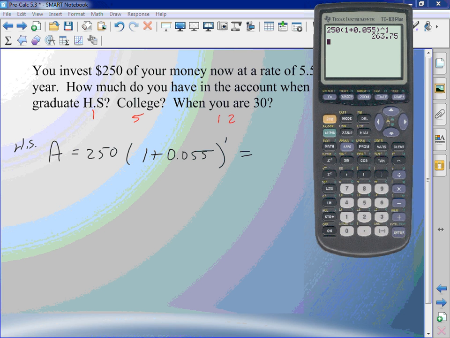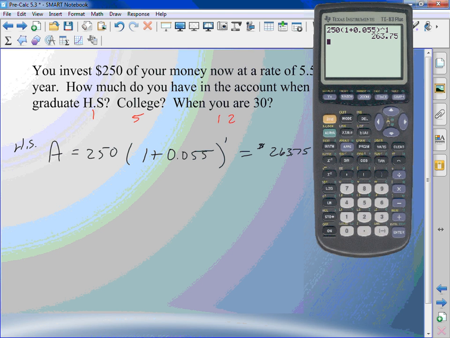So after 1 year, I have $263.75. I know it does not sound like a lot of money, but this is money for after 1 year. It's just sitting somewhere. And for it sitting there for just 1 year, you get $13 off 250.